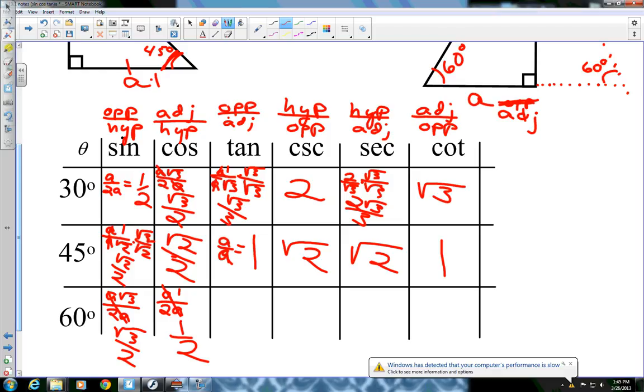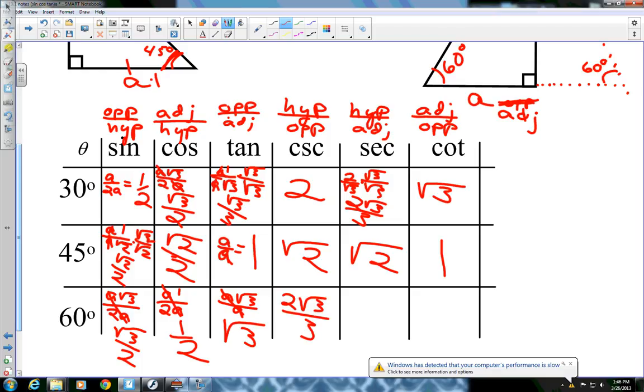Tangent is opposite over adjacent. Well, the opposite is now the A root 3. Adjacent is A. The A's cancel, so I have root 3. The cosecant is 1 over the sine. Well, that was root 3 over 2. But when we did that the last time, the reciprocal is 2 root 3 over 3.